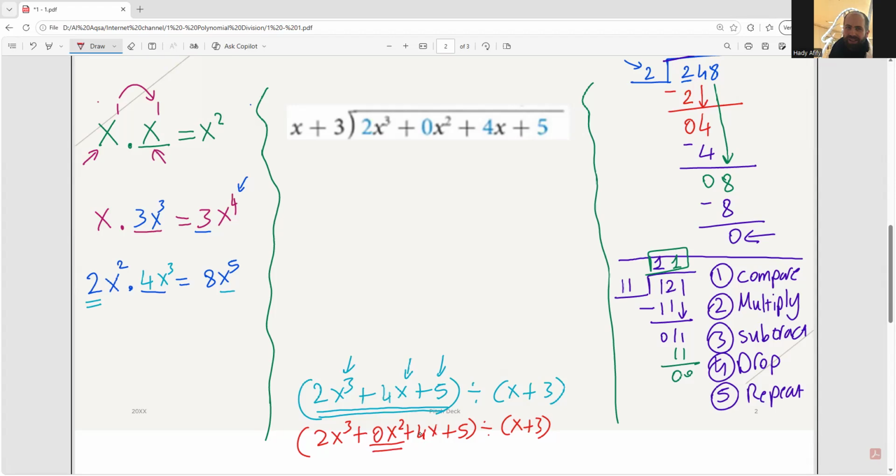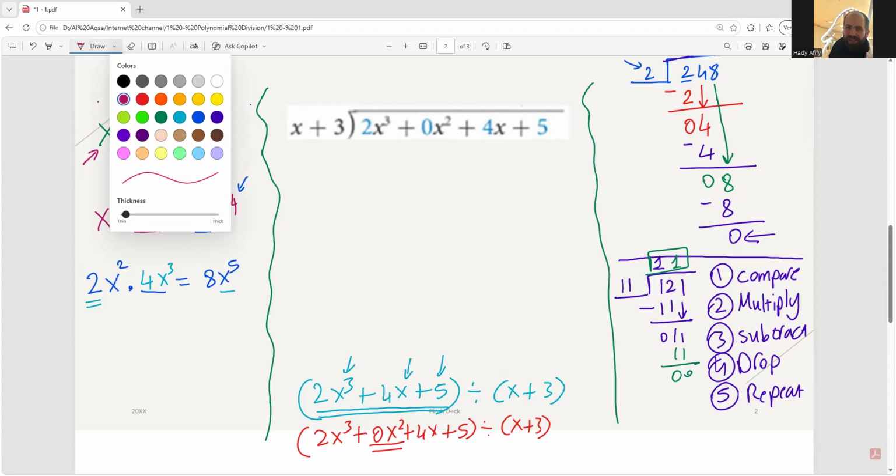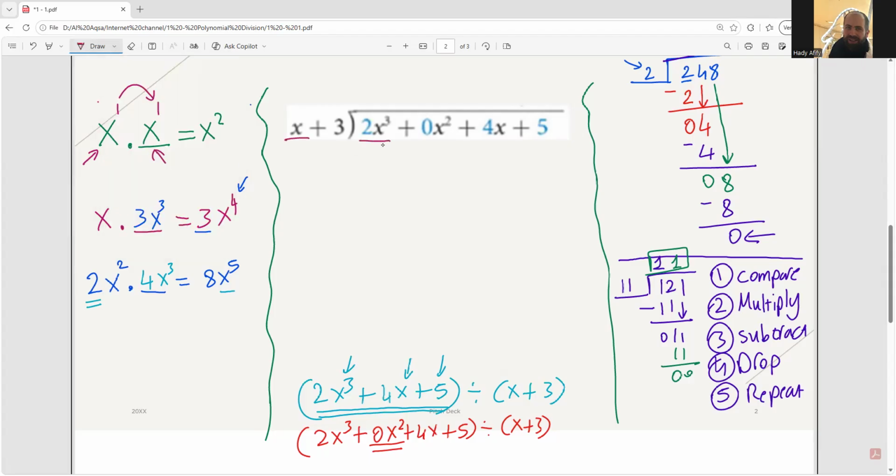Okay, so how can we do it? The first thing I'm going to do, as we have learned in long division, is compare x with 2x to the power of 3, and then I will start to multiply. If I multiply x by 2x squared, I'm going to get 2x to the power of 3, which is great.